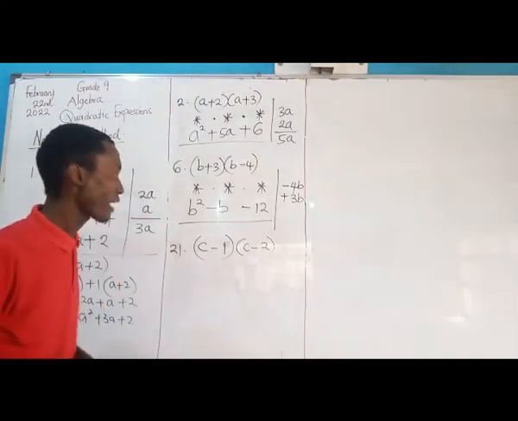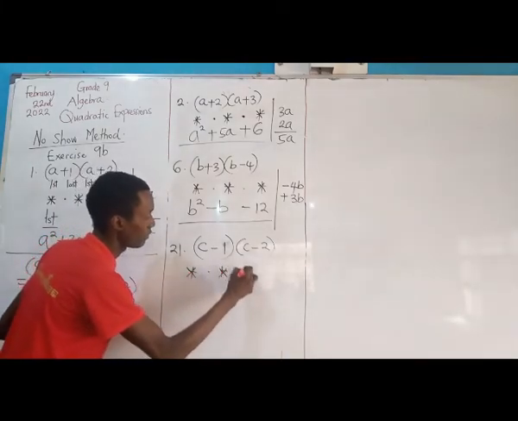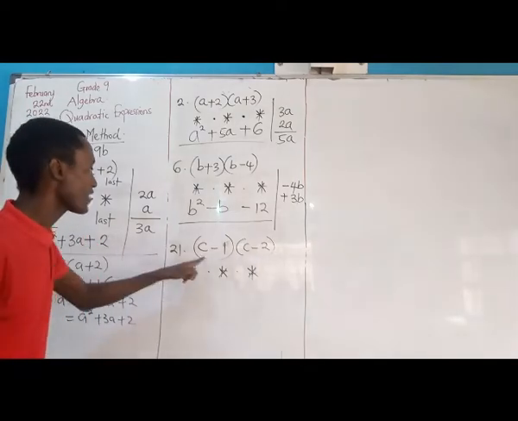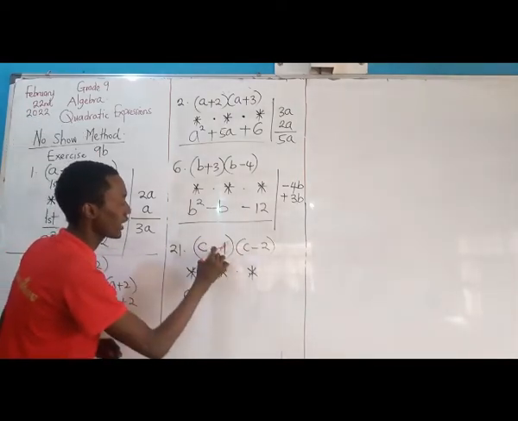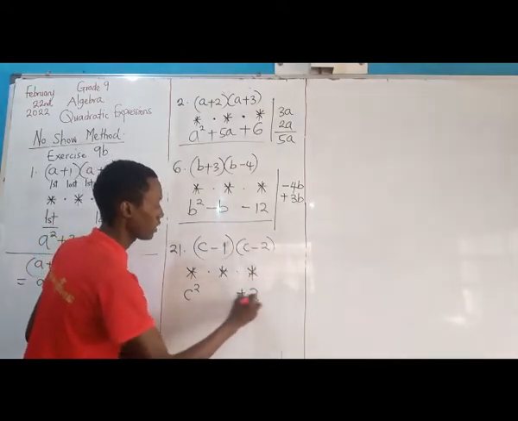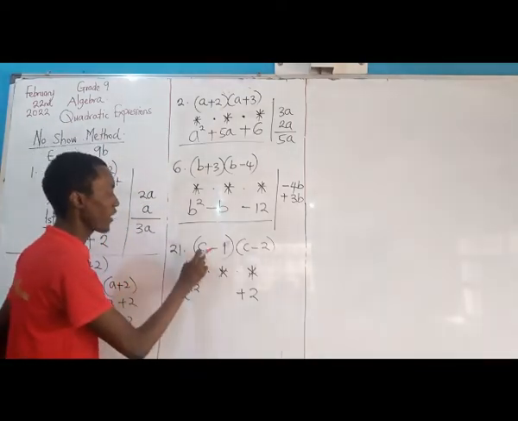So, very quickly, I remember Starboy. Next thing, first to first, last to last. So this will be c squared. Negative times negative is positive. So 1 times 2 is 2. Next thing I remember, Wakanda. And then I pick first times last.